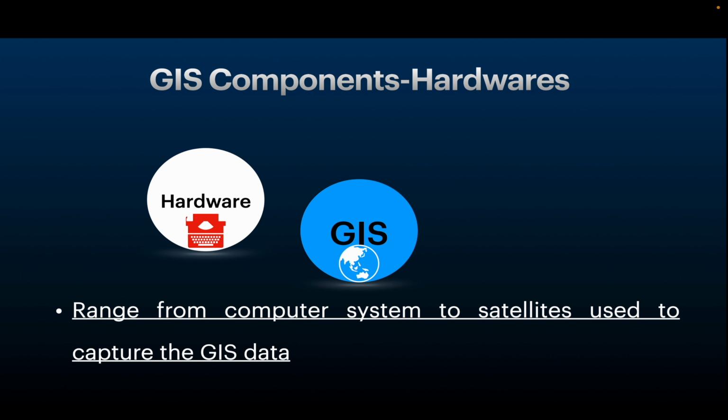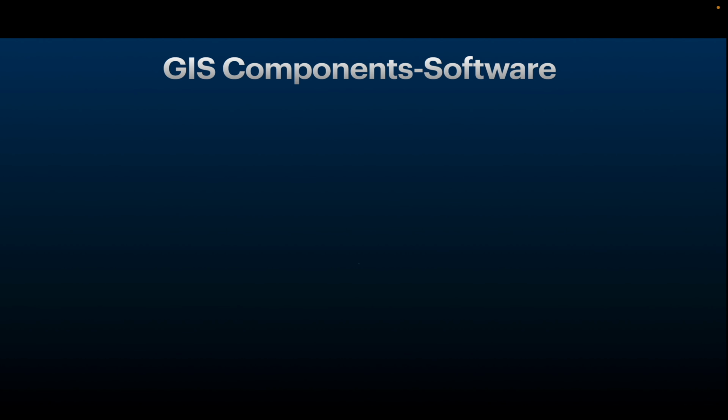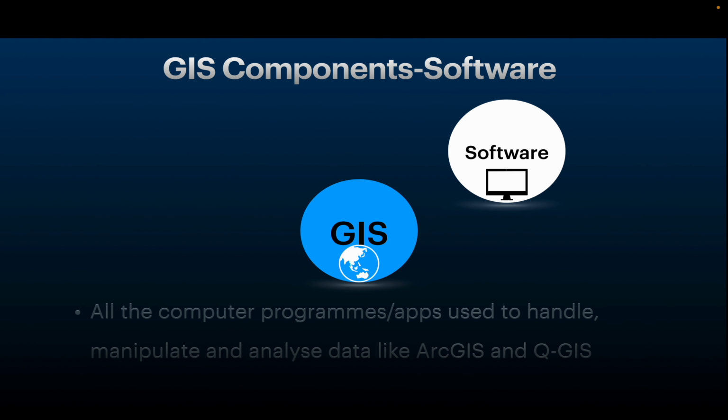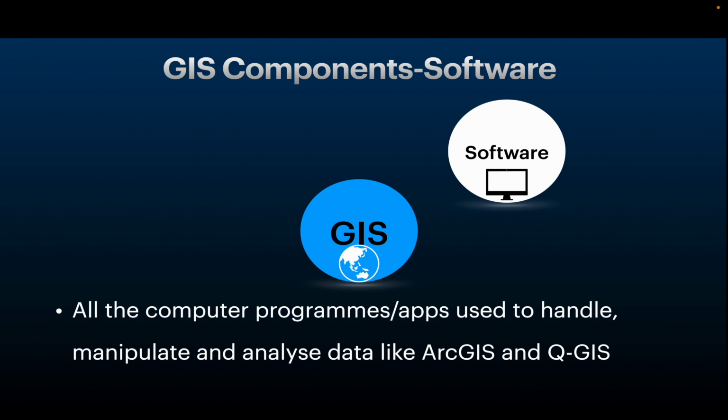So from computer systems to satellites are used to capture the GIS data. Then we have software like ArcGIS, QGIS, and web-based software like Google My Maps. So we already demonstrated this.